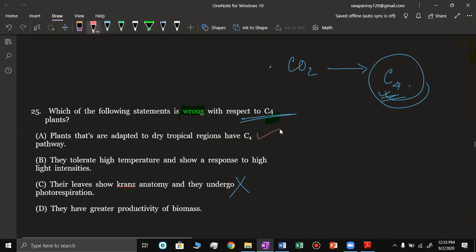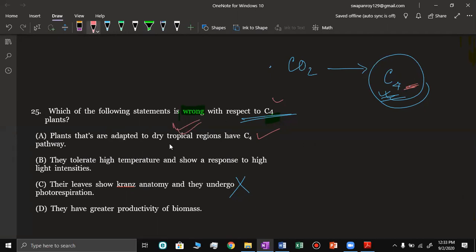Usually all C4 plants are in dry areas where the temperature is high. They are usually tropical plants.